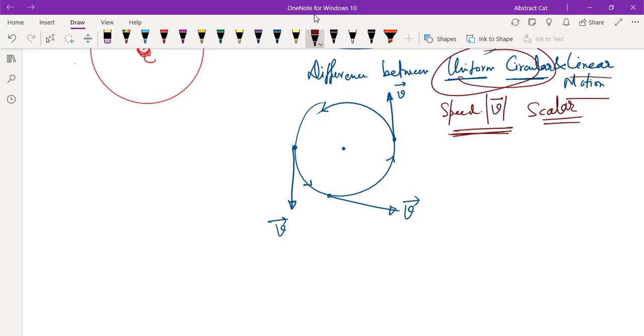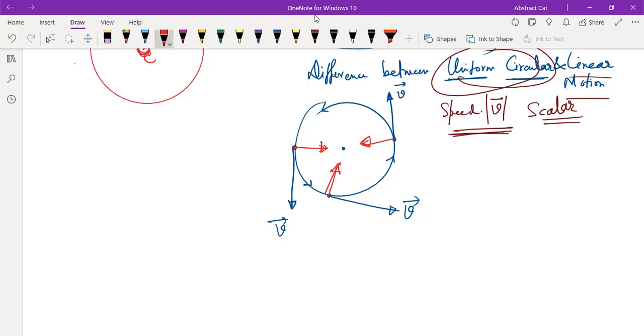In that case, we get two types of forces. If a body moves in a circle, we get an inward force. That force acts toward the center of the circle.